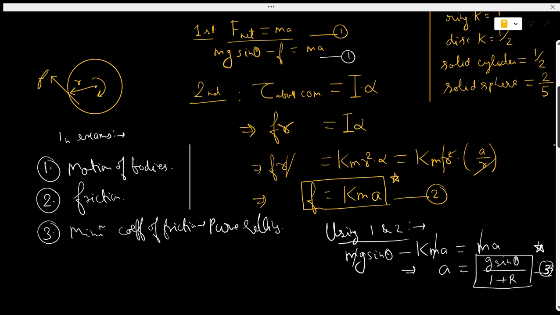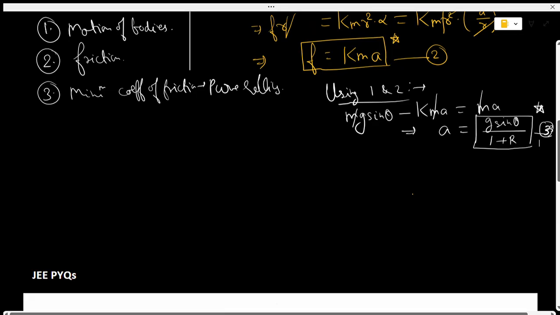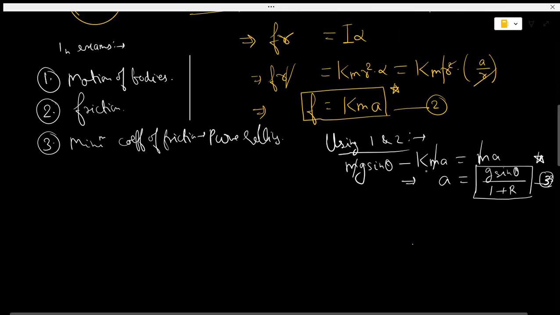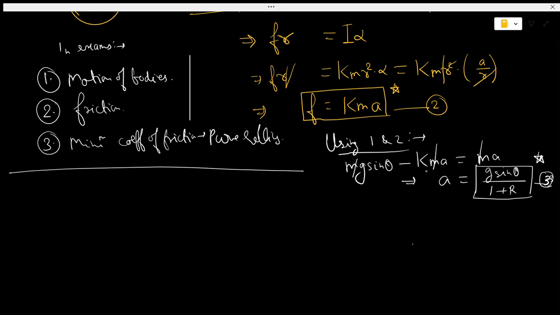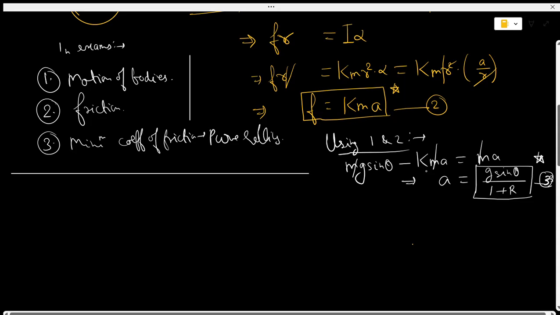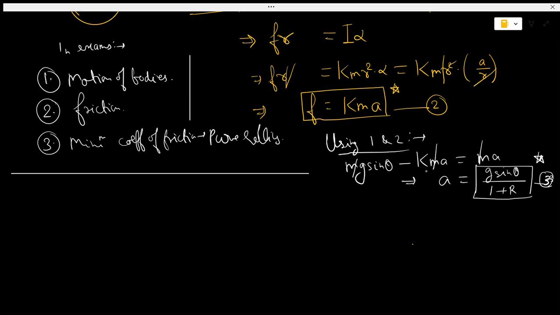The next thing is the concept of minimum coefficient of friction. Now what is this going to be is very exciting. Okay, the coefficient of friction for pure rolling. If we say the condition for pure rolling or no slipping, the friction for pure rolling should always be less than or equal to F max.